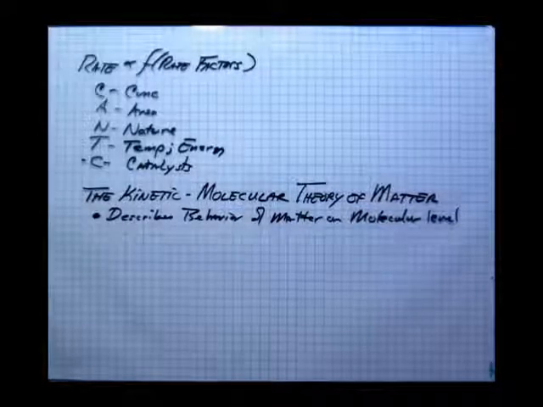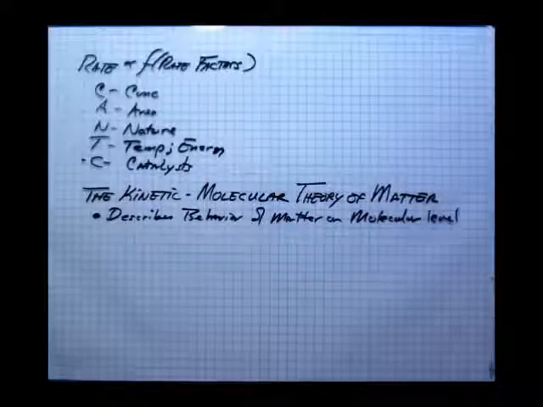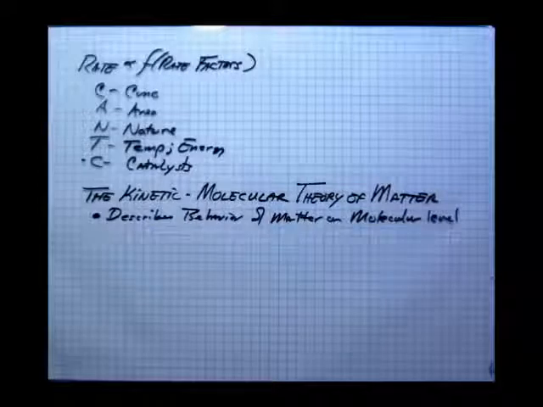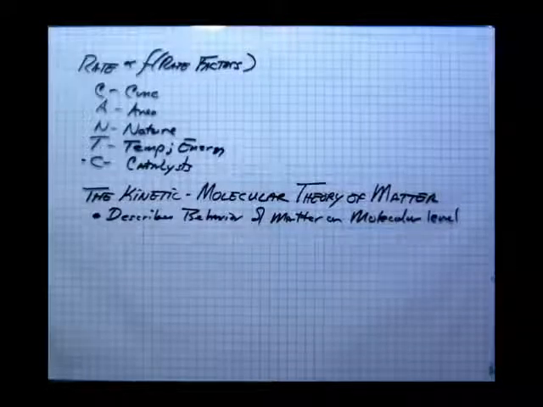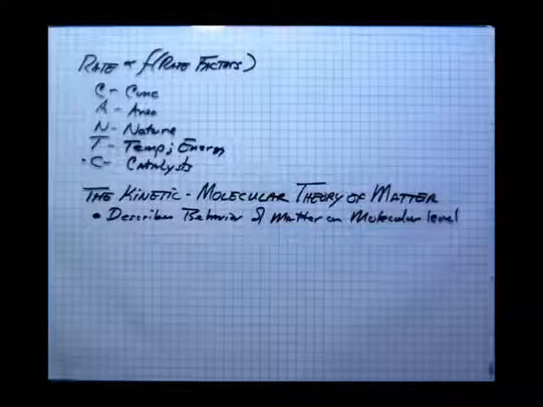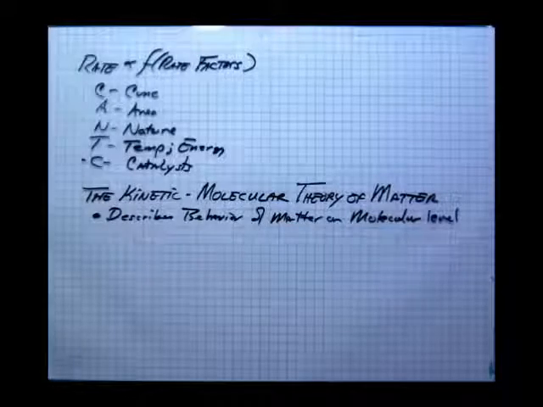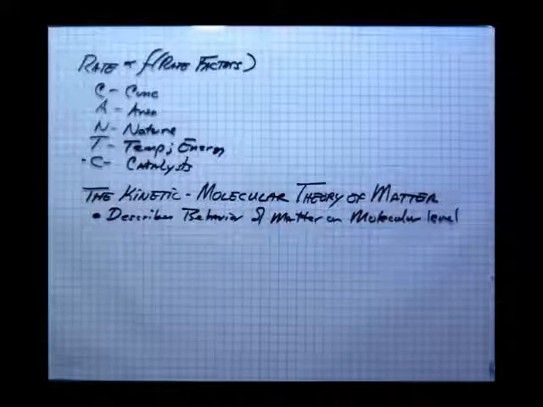The volume is going to go up. It just does. You don't have any explanation as to why in terms of the molecular level. This is a molecular or microscopic consideration of the behavior of matter versus a macro, which is the large scale issue.